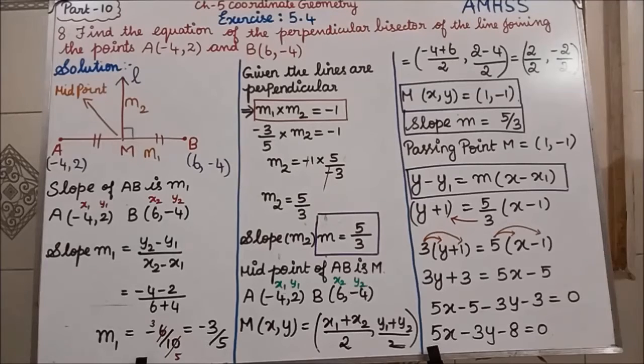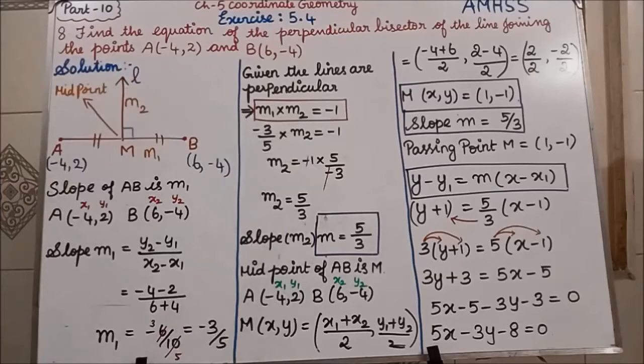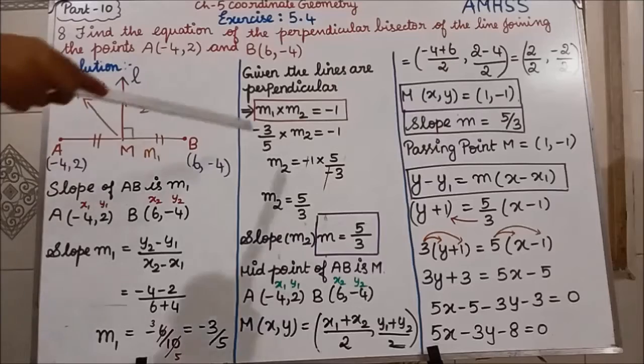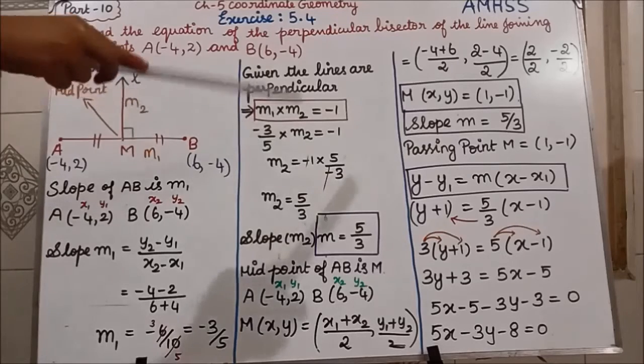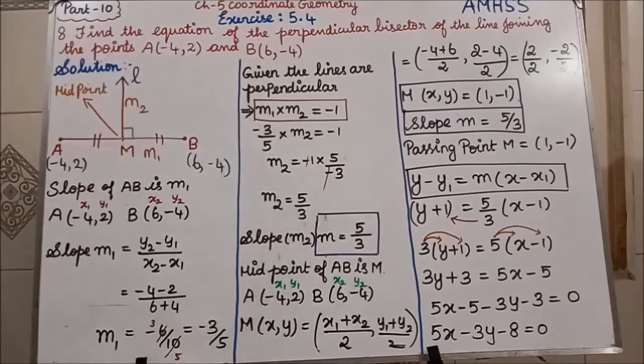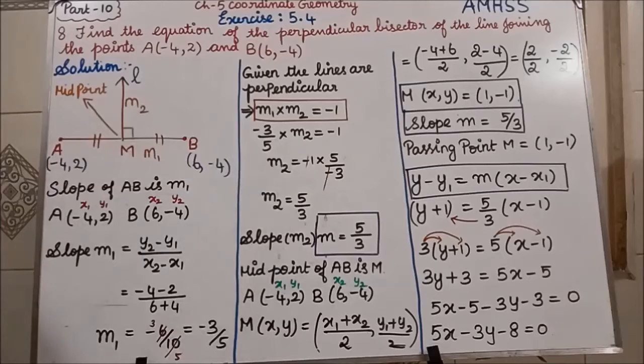So, if we need M2, this term goes to the denominator, which means it becomes reciprocal. -3 by 5 becomes 5 by -3. Clear? Minus will get cancelled. M2 value is 5 by 3. Clear all of you? Now the final slope we will consider as M.